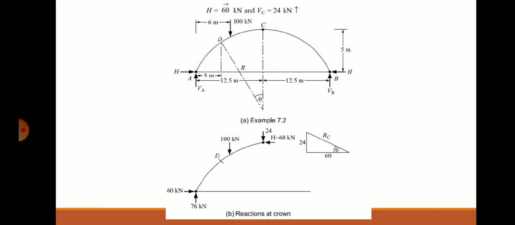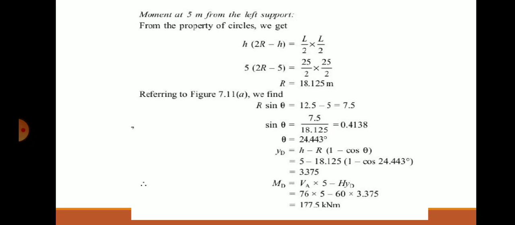If you want to consider the right portion, the loading, the hinge reaction at C and the support reactions at B, all 5 components have to be considered. For the simplest one, I am considering towards support A. Only 2 things are coming up: one is 76 into 5 and 60 into Y_D, horizontal force, vertical distance. Depending upon whether it is clockwise or anti-clockwise, you formulate the equation and solve. That forms the moment at point D. Is it clear?